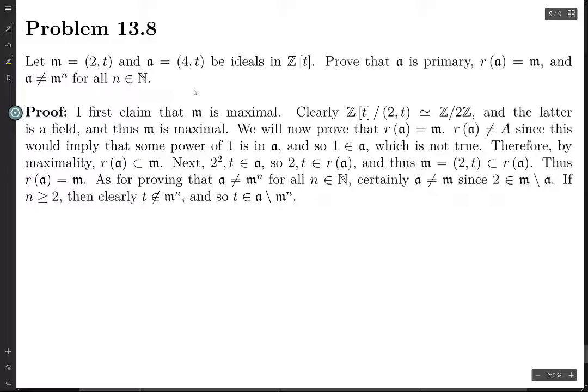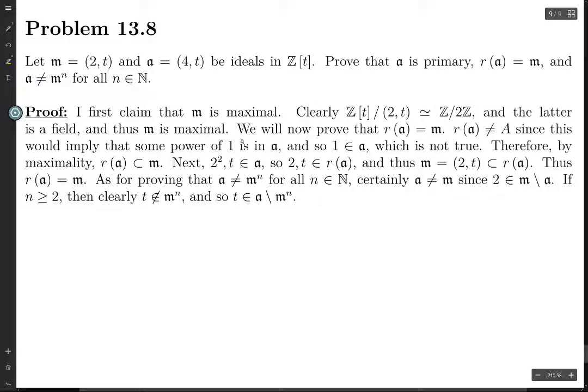So why did we choose m for this? Well, it turns out you can prove that m is maximal. To prove that, if you take the polynomial ring and quotient out by the ideal generated by 2 and t, when you quotient out by t, you just get Z. And when you quotient out by 2, you get Z mod 2Z. So this quotient is Z mod 2Z, which is a field.